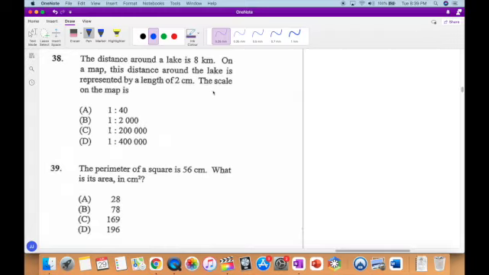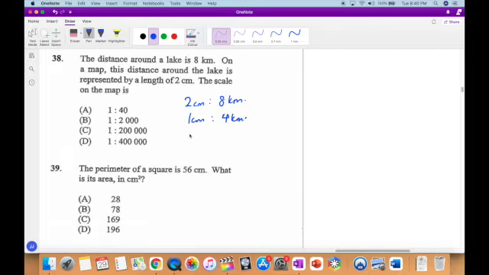The distance around the lake is 8 kilometers on a map. This distance around the lake is represented by a length of 2 centimeters. The scale of the map is what? Well, 2 centimeters represents 8 kilometers, right? So how many centimeters are in a kilometer? Well, first of all, we could say 1 centimeter represents 4 kilometers, right?